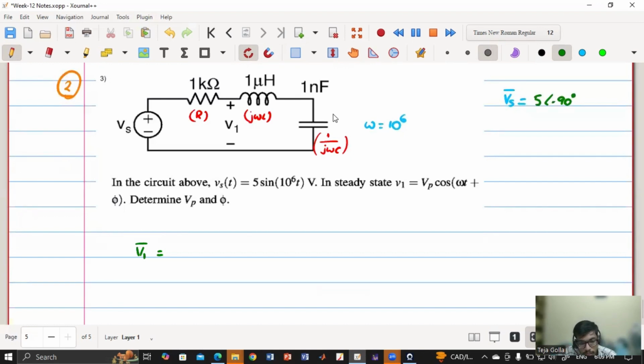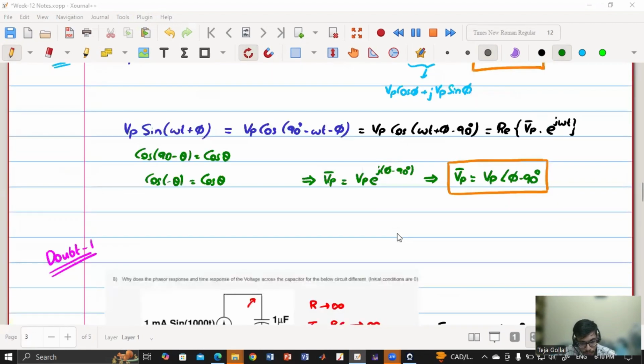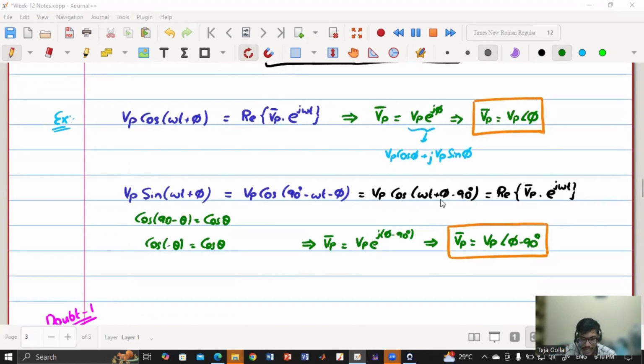Sir, please explain this plus 90 or minus 90. Okay. If you see this term, sine omega t plus phi, we write it as cos of 90 minus theta, and cos theta is cos of minus theta, so cos of omega t plus phi minus 90 degrees. That's why we get minus 90 degrees.